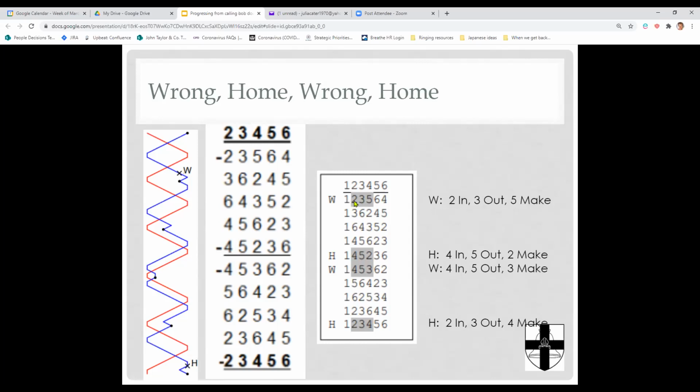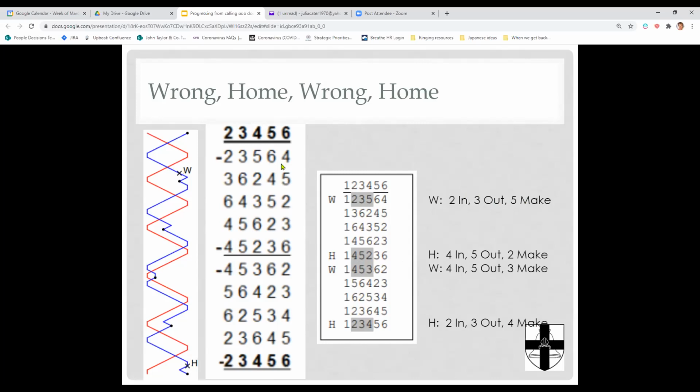So that tells you for the second to get back to second's place at the end of the first lead, it is running in. For the third to get to third's place, that bob on the backstroke, it has to have run out. And the 5th is the one that's making it. And then it just helps you notice what happens with other bells.